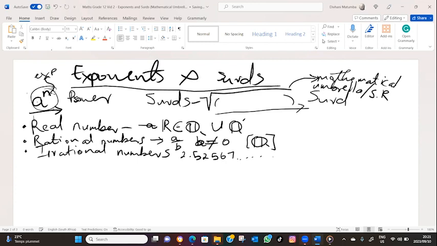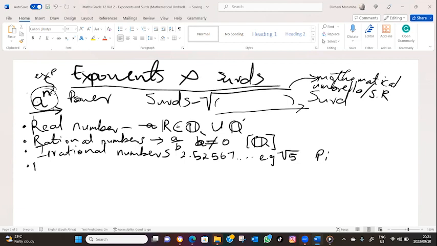So typical irrational numbers that we can talk about are the square root of 5. We can talk about pi, for instance.